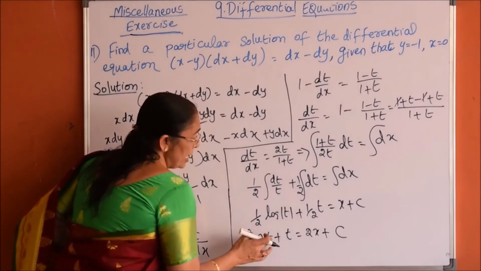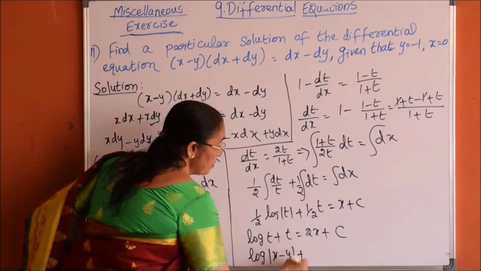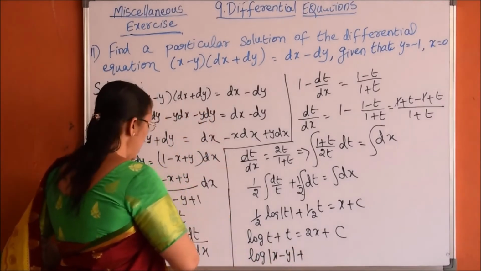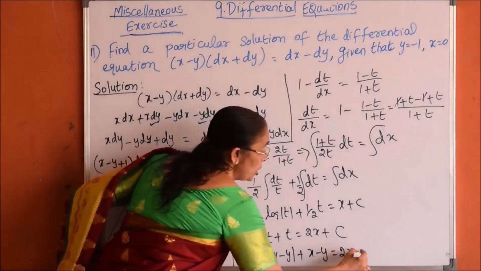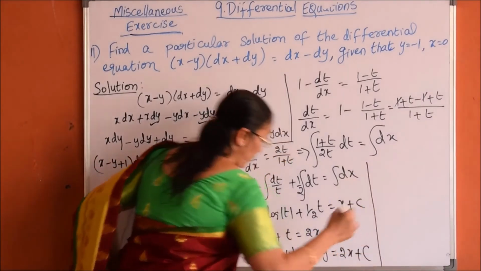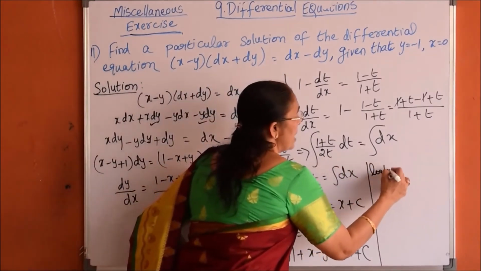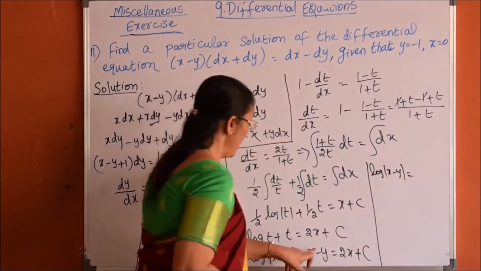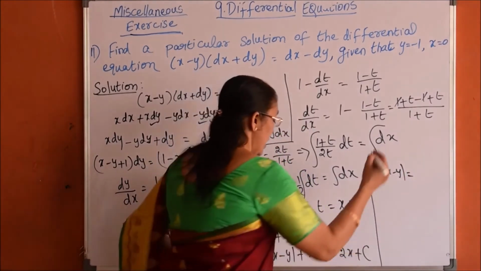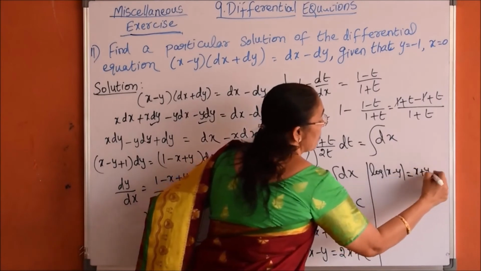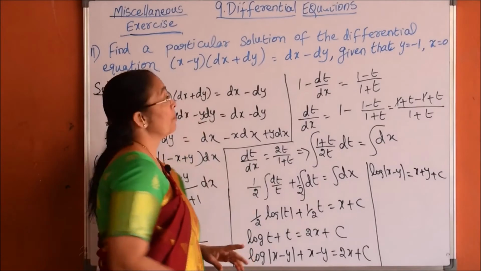Now t can be replaced as log mod x minus y, plus t, which is x minus y, is equal to 2x plus c, which implies log mod x minus y is equal to, let me take this side, 2x minus x is x plus y plus c. Now let us find the value of c.